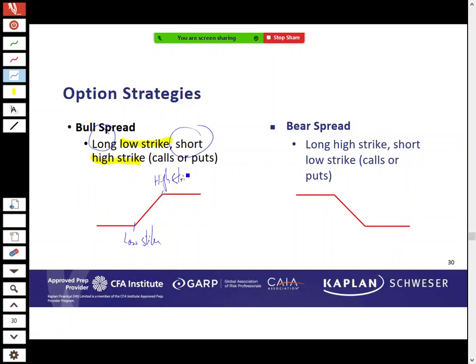If the underlying stock price did really go beyond that high strike, any further gains will not belong to you. So what we call this is the bull spread. You have a mildly bullish view on the underlying, but not very bullish. Therefore, you can make use of this type of option strategy to monetize your view.